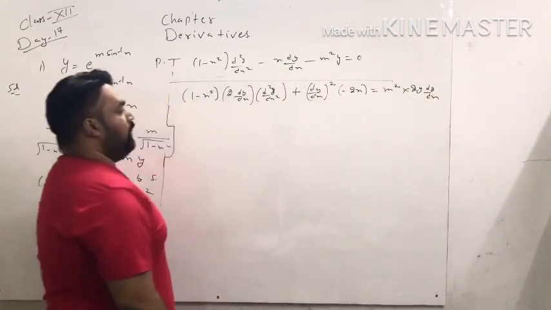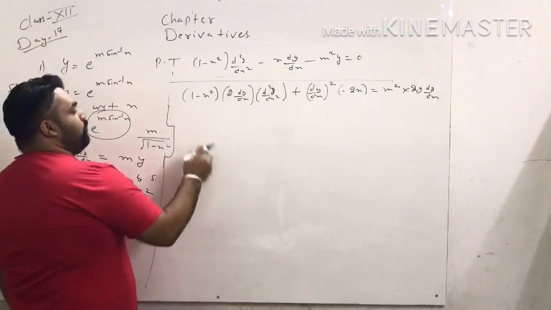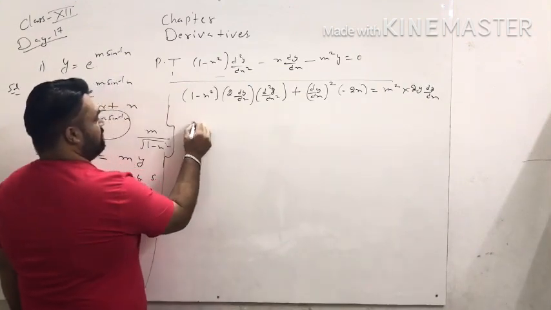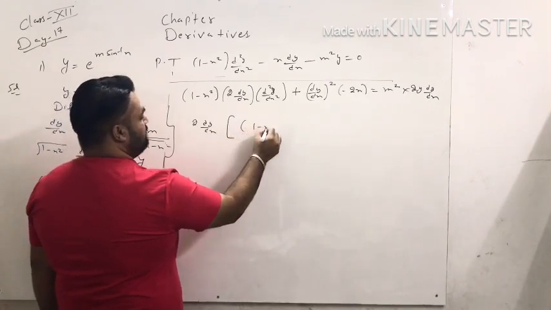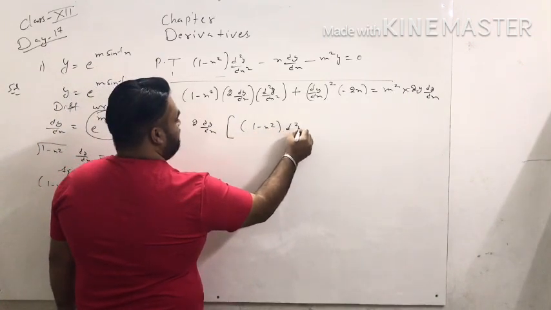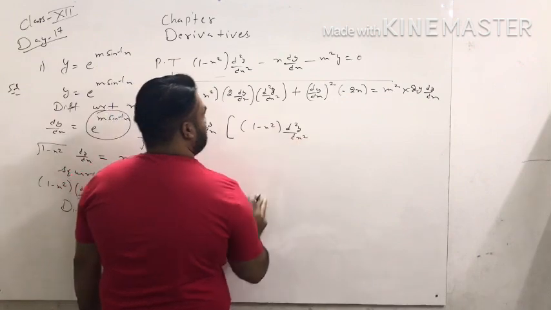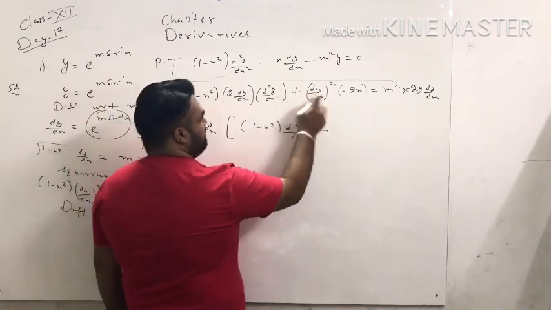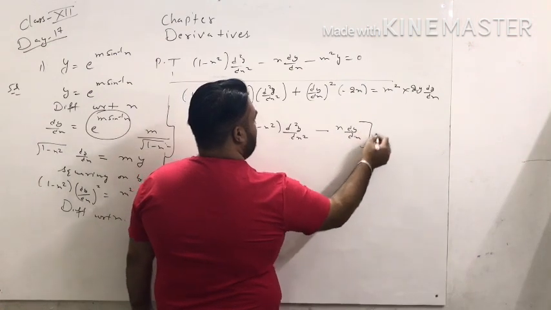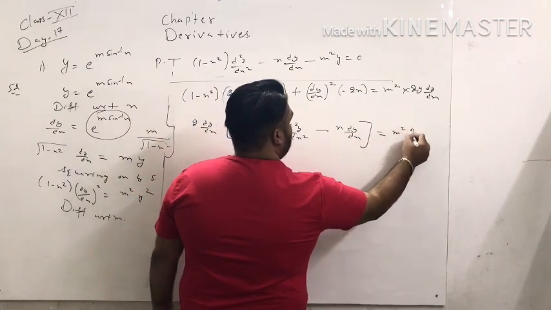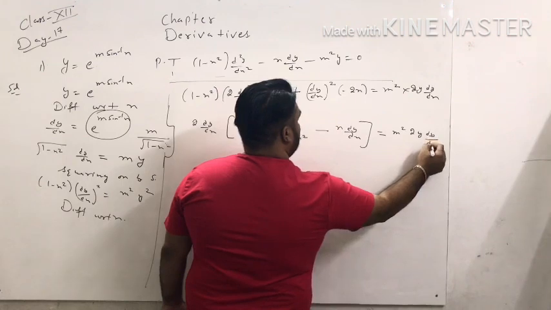the derivative of y square is 2y dy by dx. Now from the left side we take 2 dy by dx as a common. We are left with 1 minus x square d square y upon dx square minus x dy by dx equals m square y.